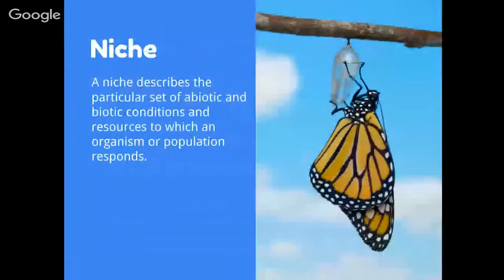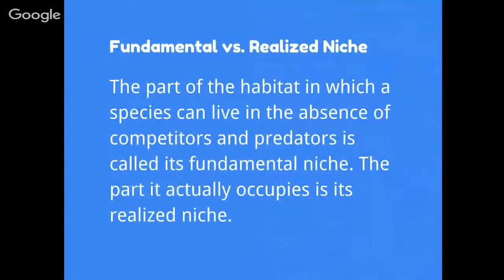Again, a niche, depending on how you pronounce it, is the particular set of abiotic and biotic conditions and resources to which an organism or population responds. An alternate way of saying that is the role a species is going to fill within its community or ecosystem. So we want to talk about fundamental versus realized niche.